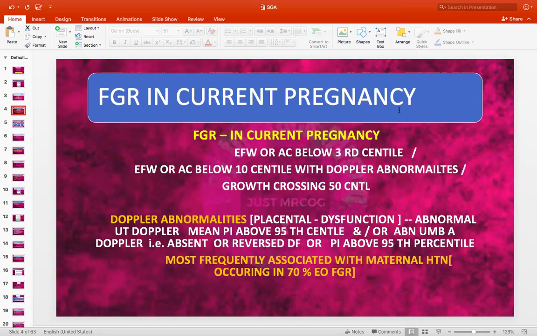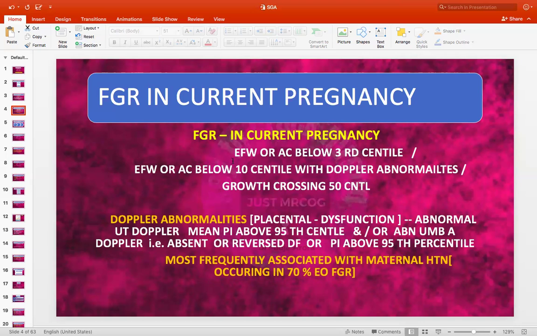FGR in current pregnancy: same, if estimated fetal weight or AC, that is abdominal circumference, is below third centile, or estimated fetal weight or AC below 10th centile with Doppler abnormalities, or there is one more criterion, growth crossing 50 centiles, means it is dropping down.